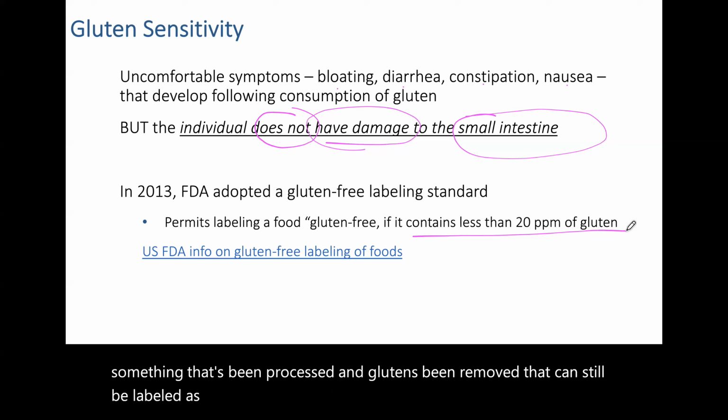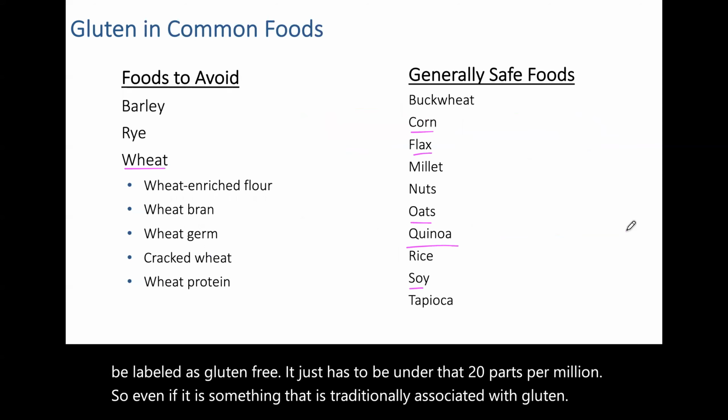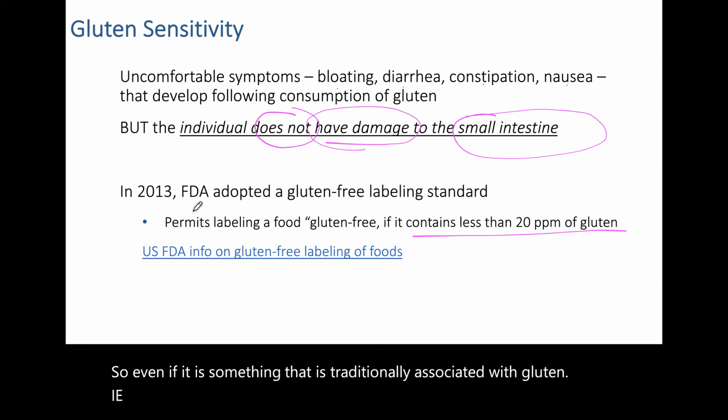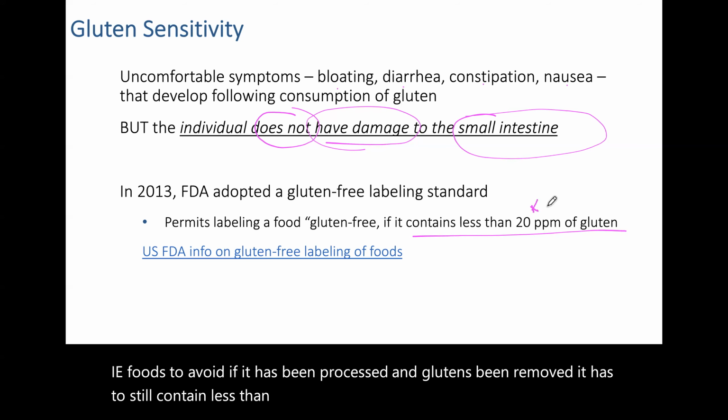It just has to be under that 20 parts per million. So even if it is something that is traditionally associated with gluten, i.e. foods to avoid, if it has been processed and gluten's been removed, it still has to contain less than 20 parts per million to be considered gluten-free.